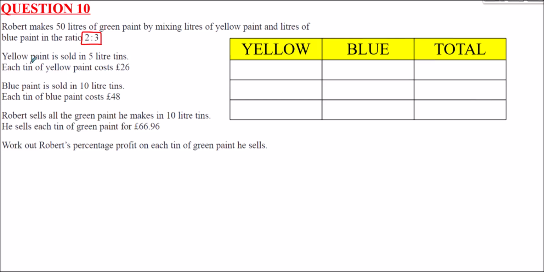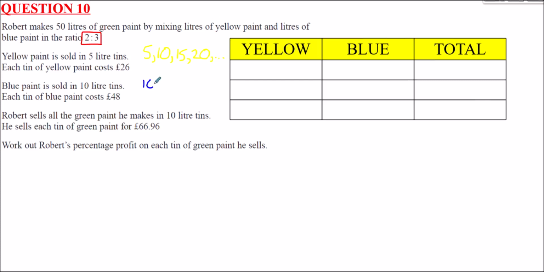Well, let's just consider this building up. So first we've got yellow paint. So yellow paint comes in 5 litre tins. So when he buys tins of yellow, this is going to be in multiples of 5. So we'd have 5, 10, 15, 20, and so on. Whereas for blue, comes in 10 litre tins.